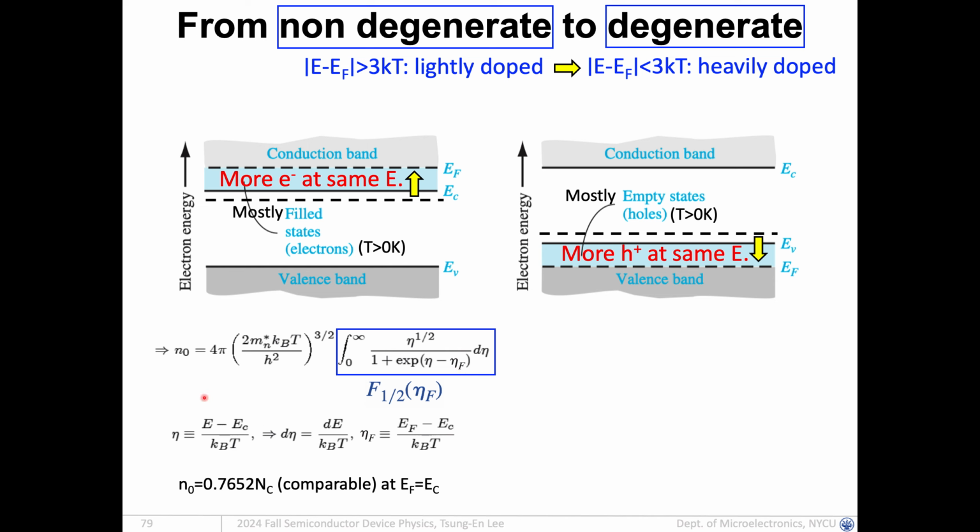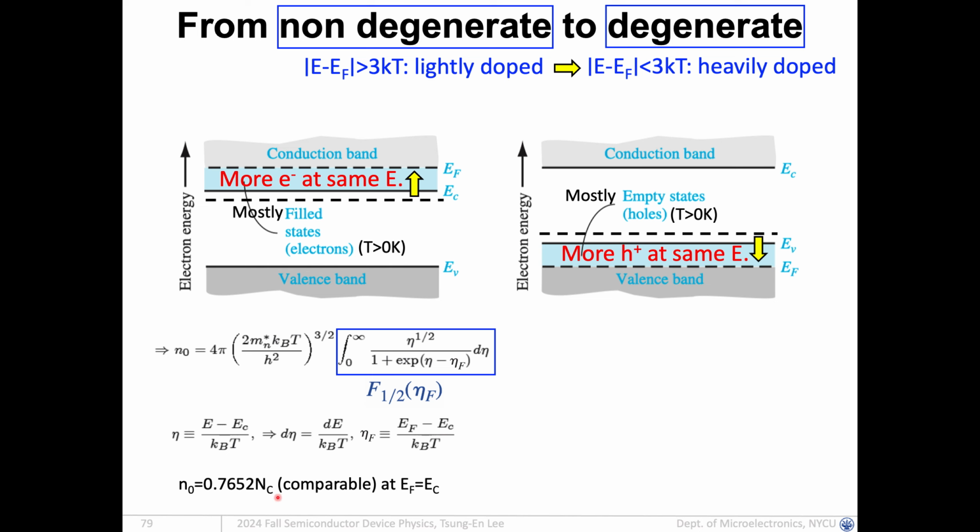In that case, the formula for the electron carrier concentration should return to the Fermi-Dirac integral function, which is a general solution for all situations without using the Boltzmann approximation.